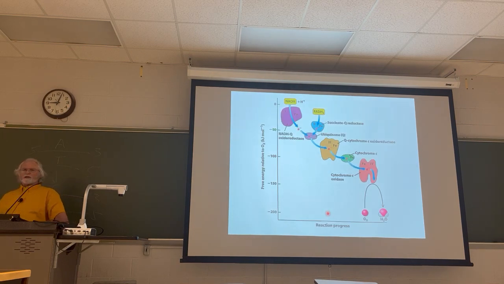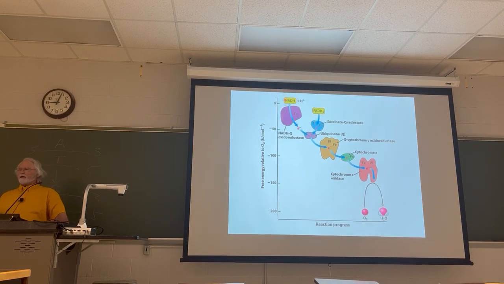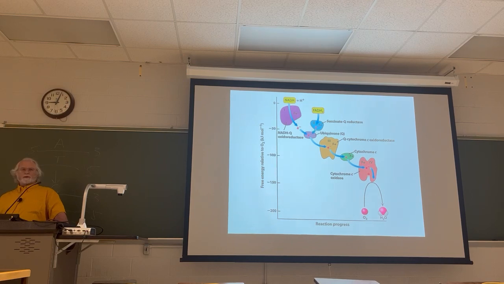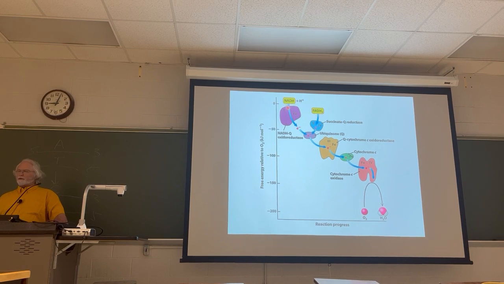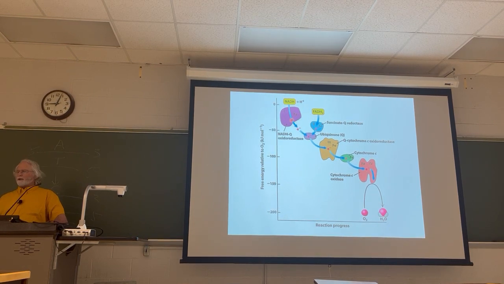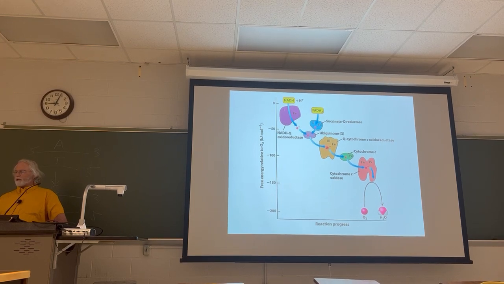Okay, so this is a graph that shows the path of electrons in the electron transport chain and how the free energy changes as those electrons are transferred. So if we start with NADH, we transfer electrons to a protein complex called complex 1. It transfers them to ubiquinone. Ubiquinone transfers its electrons to complex 3.